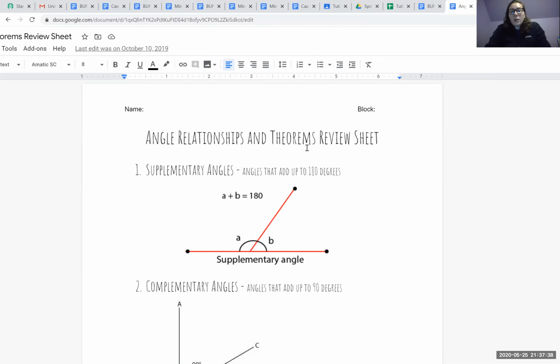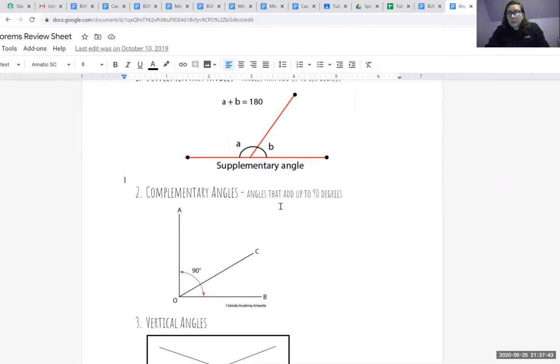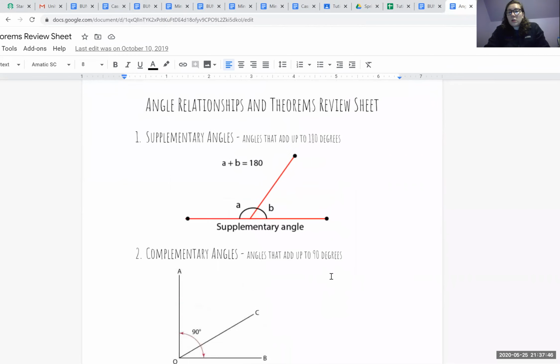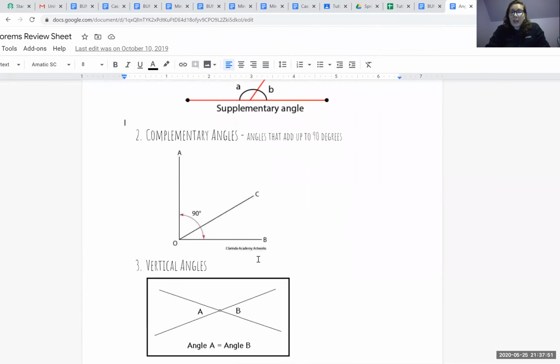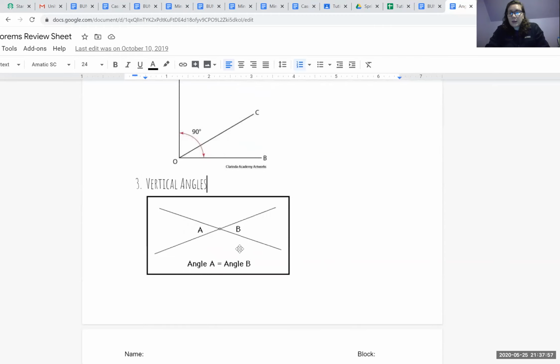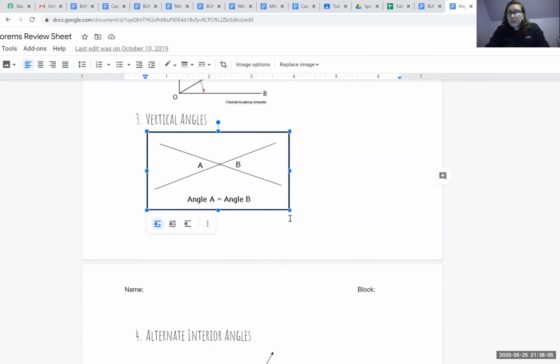So we have our supplementary, which adds up to 180, and then complementary, which is 90. So all of the relationships and theorems, as I just stated, are on this sheet. And you have both the definitions of what they mean, and then in the images, it also tells you, like vertical, they're across from each other, share a common vertex, they're equal. So if you ever see angles directly across, so we want to be like right in front and share like a common centerpiece, that means they're going to be equal.